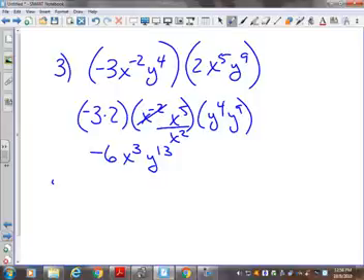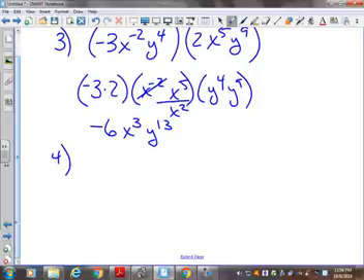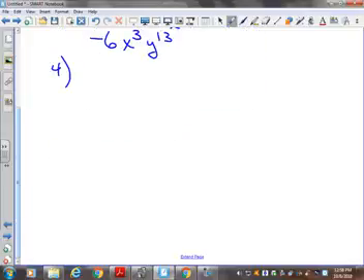All right, let's look at a divide problem. It's originally written as a division problem.